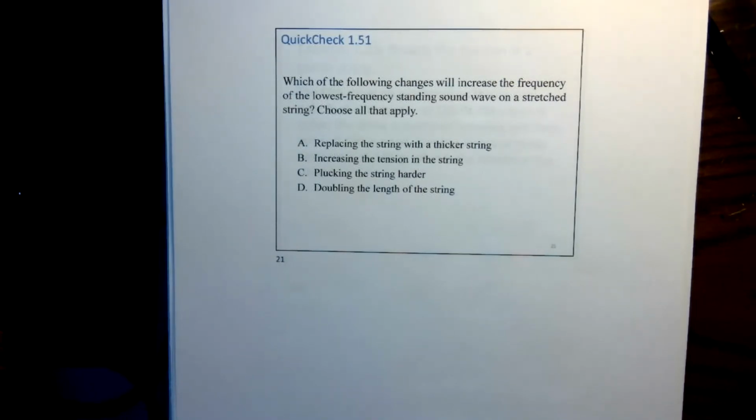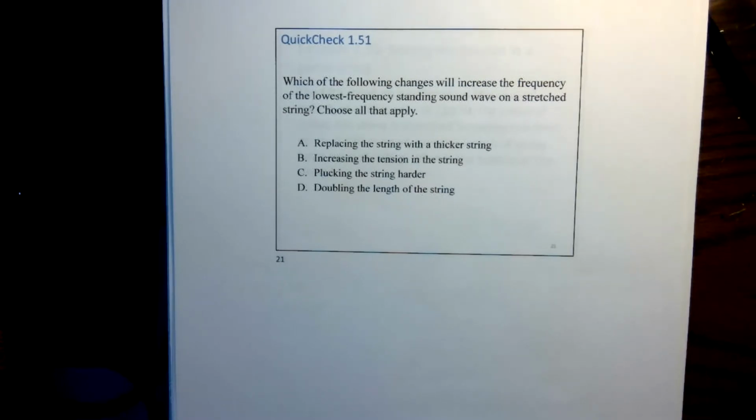When you're done, write down your answers and compare with your neighbor. There is more than one potentially correct answer. All right, let's go through this one as a group.